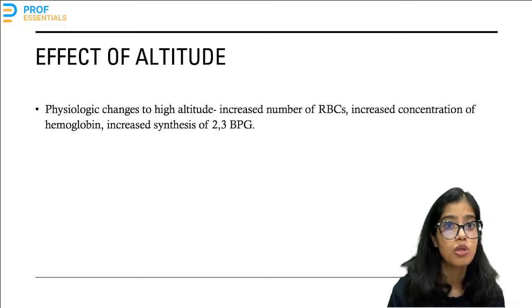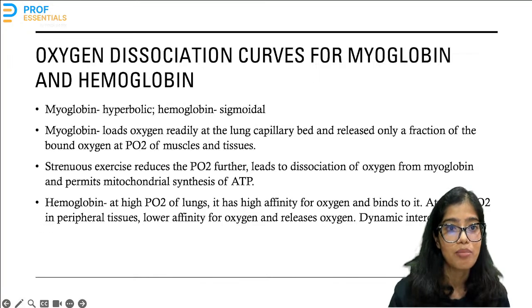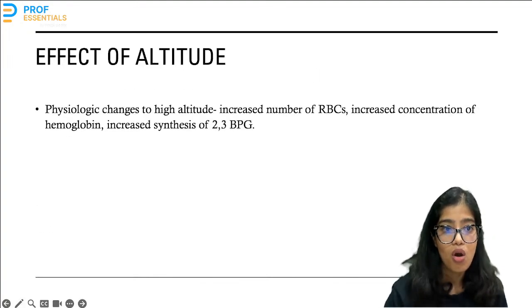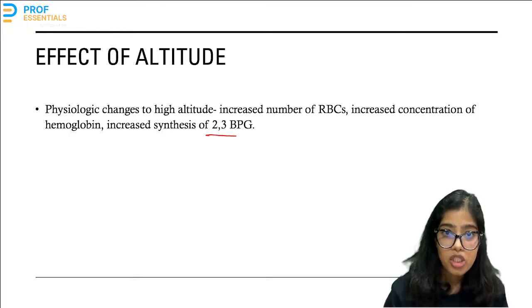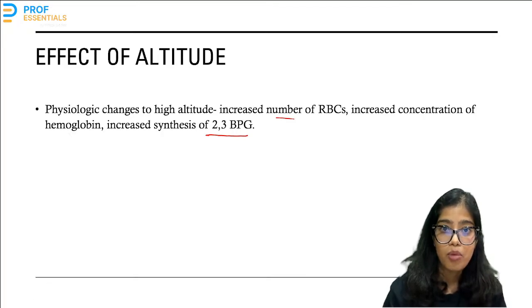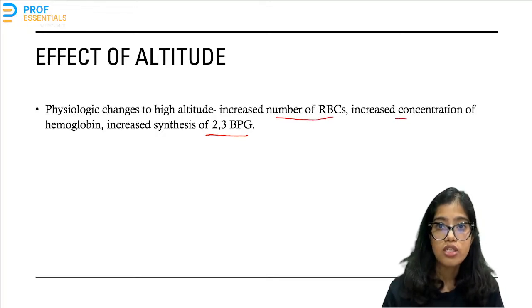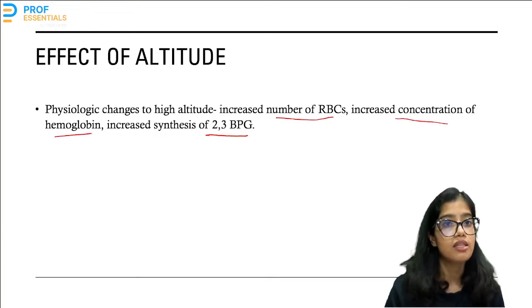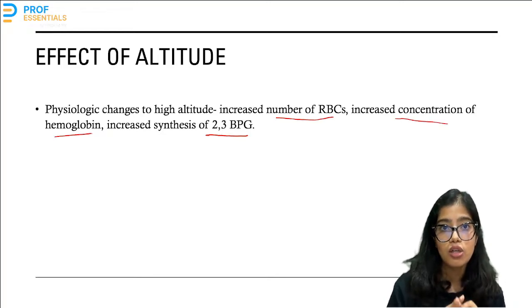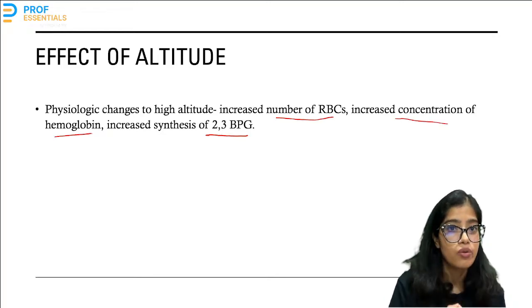Why? Because of hypoxia. The concentration of oxygen is less and the concentration of carbon dioxide is more compared to oxygen. Therefore, the synthesis of 2,3-BPG increases, the number of RBCs increases, and the concentration of hemoglobin in each RBC increases. So this is all to cater to the low concentration of oxygen at high altitudes.